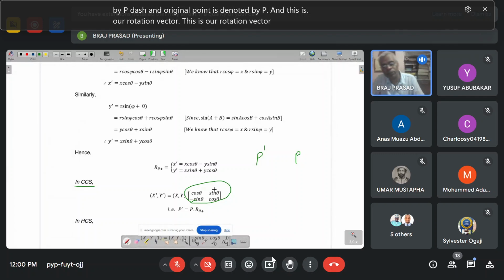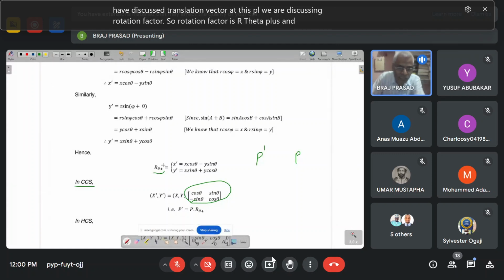In the previous class we discussed the translation vector. At this place we are discussing the rotation factor. So the rotation factor is R theta plus, and in terms of matrix, R theta plus is written like this.